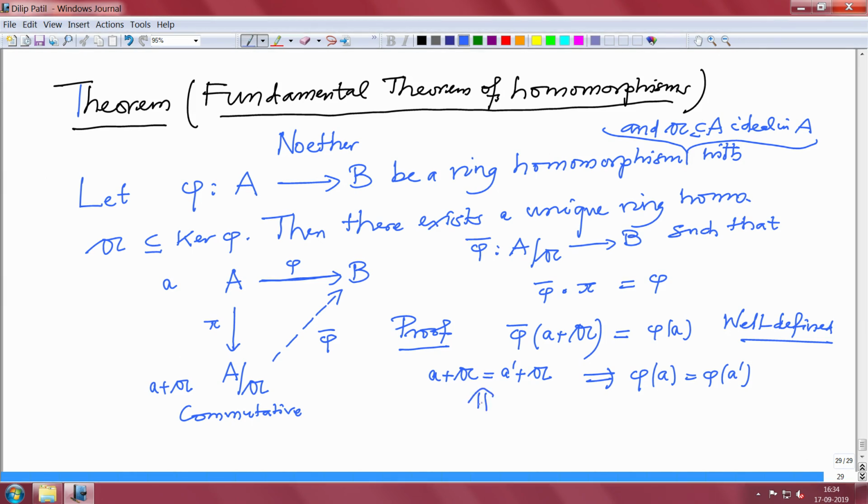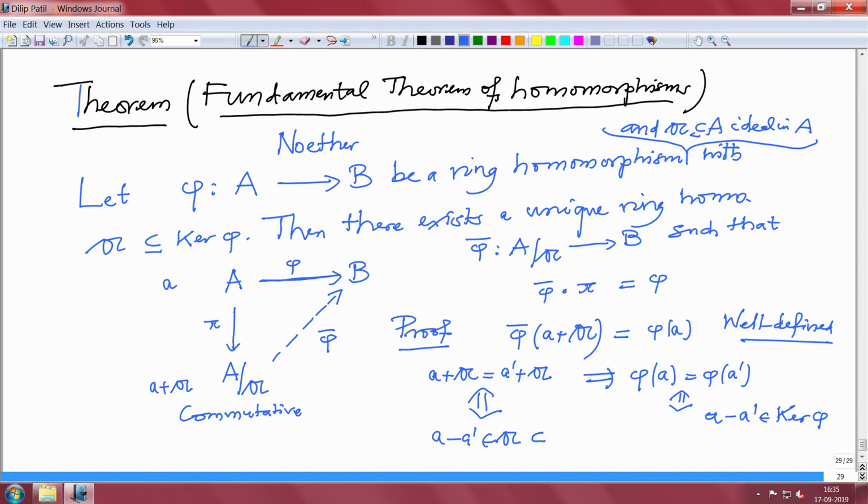But what does this mean? This means the difference A minus A prime is in A, and that means A minus A prime belongs to the kernel of phi, because when you shift to this and then use the ring homomorphism, it is in the kernel of phi. And what is the given relation between this and the kernel?